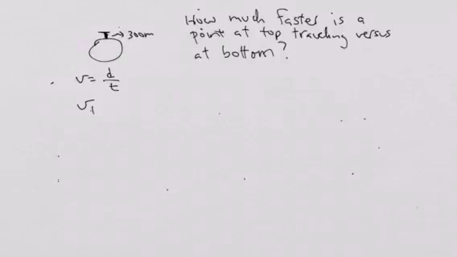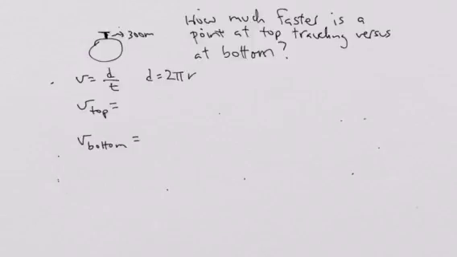The velocity at the bottom first. d equals 2 pi r, and it's a question of what r is.